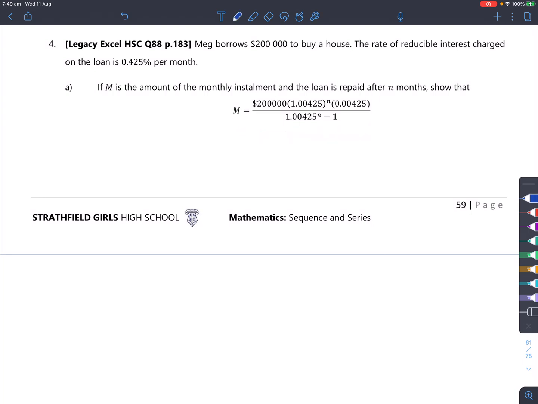So we've got to do the same thing as before. A1 is 200,000 times 1.00425, so it's 0.425% per month, and then we minus the repayment. Okay.